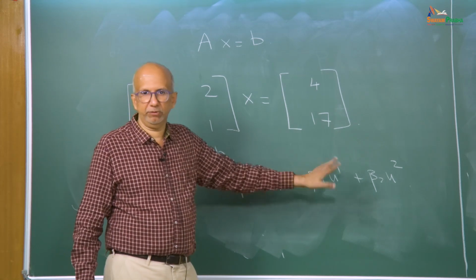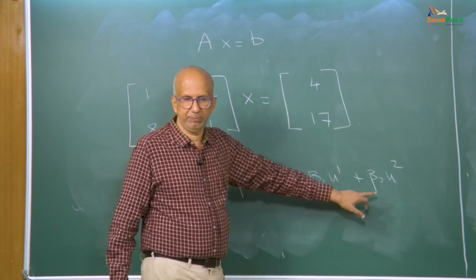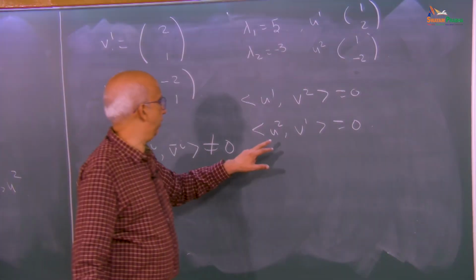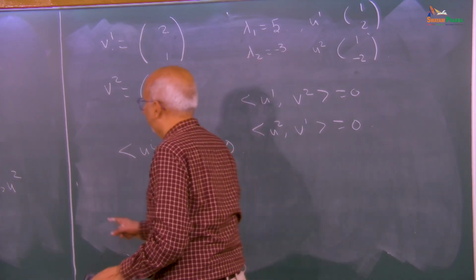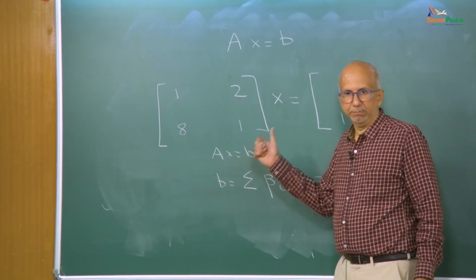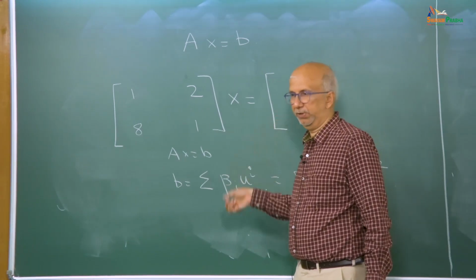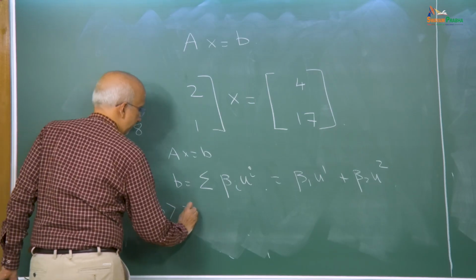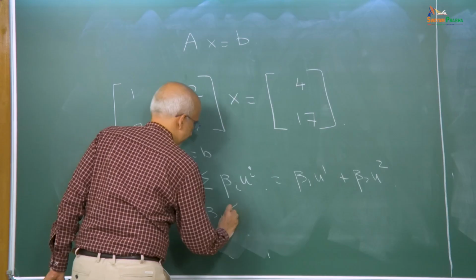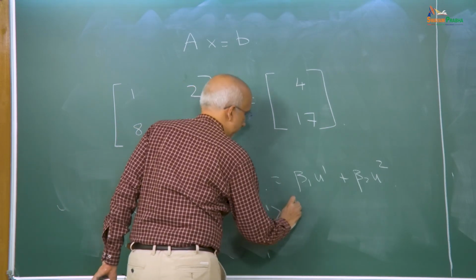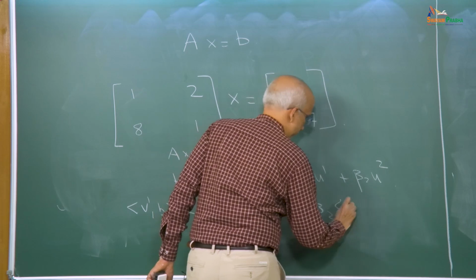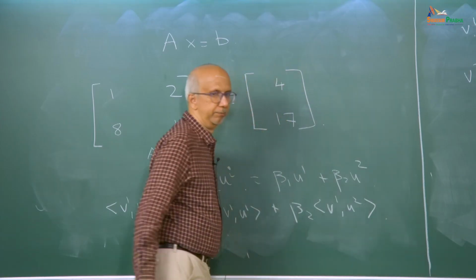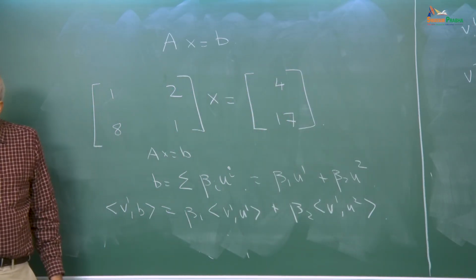Last time I took inner product with u1, then this became inner product u2 with u1 was 0. Okay. Now, because inner product of u2 with v1 is 0, I will take the inner product of this with v1. You understand? I am going to take the inner product of this with v1 to get, now the orthogonality is with the other fellow.